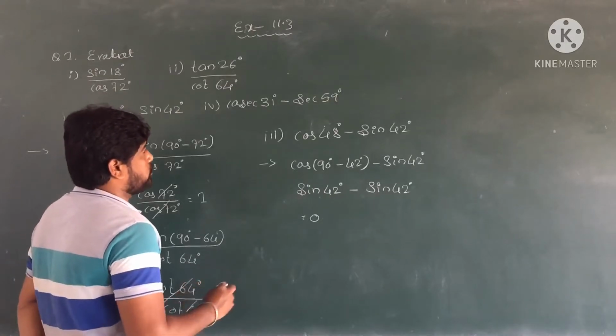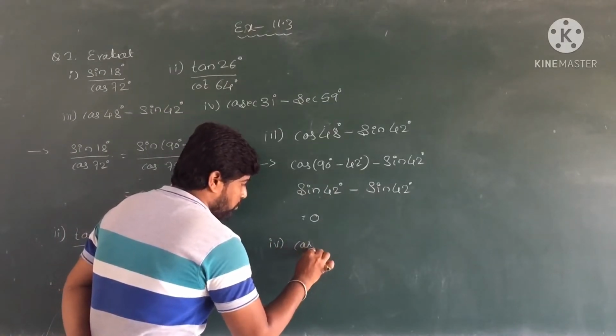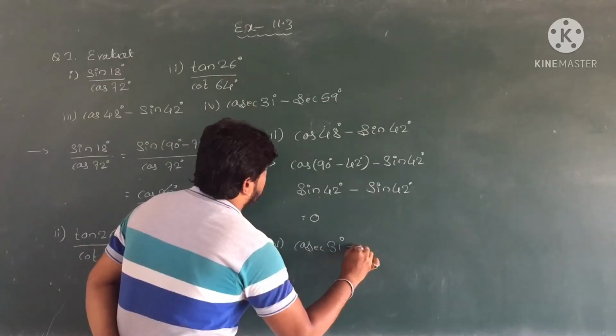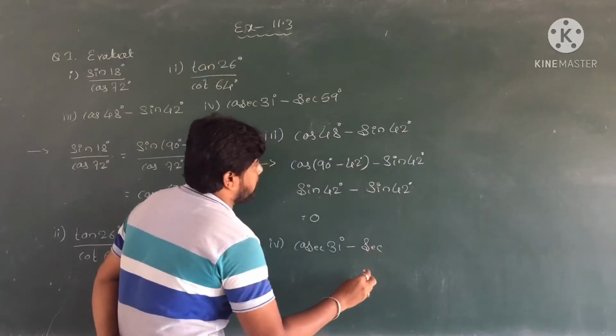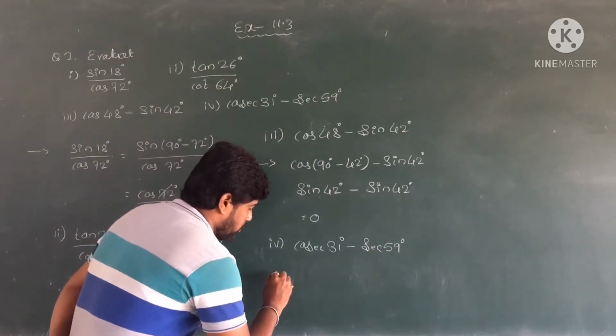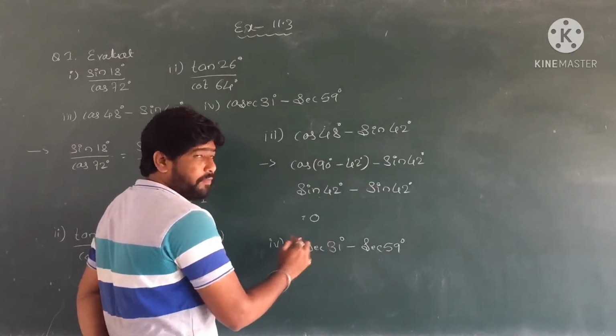Right? So next one, fourth one: cosec 31 minus sec 59, right? So rewrite this 31 as 90 minus 59.